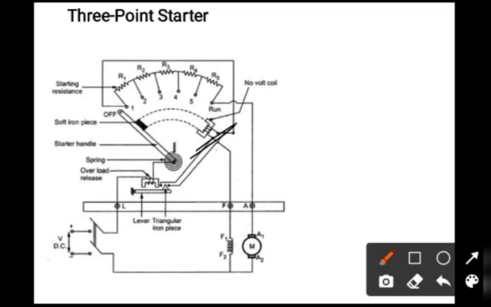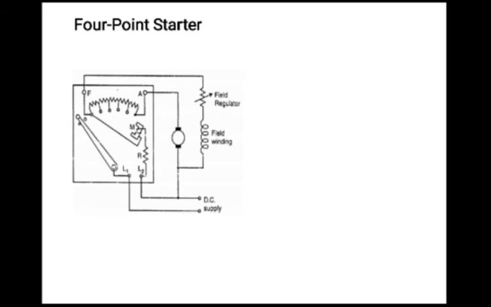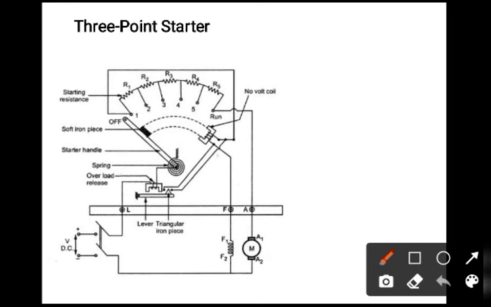Due to the current flow in the NVC coil, this coil becomes magnetized, and when the handle is at the final position, attraction between the soft iron piece and the NVC coil is present, and due to that attraction it will hold the handle at the final position.